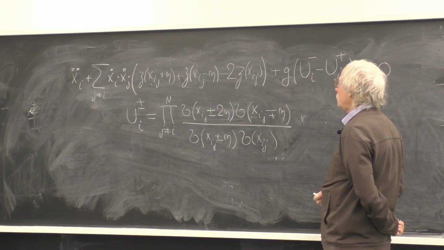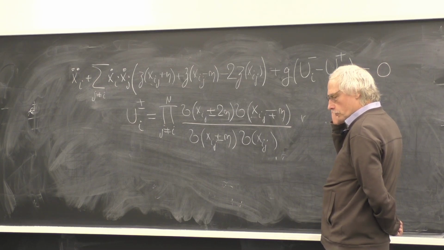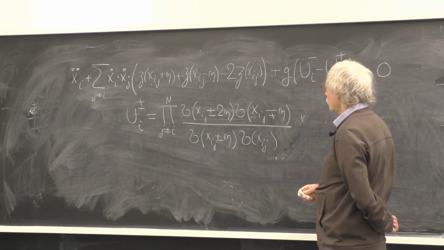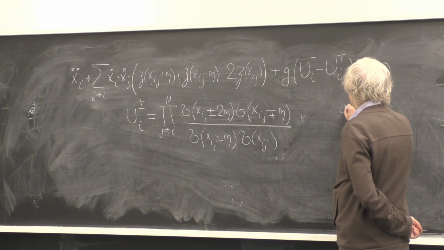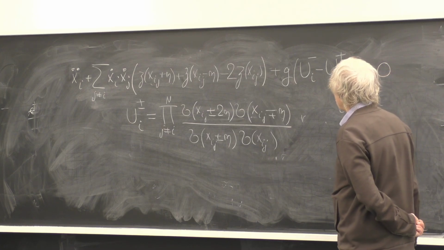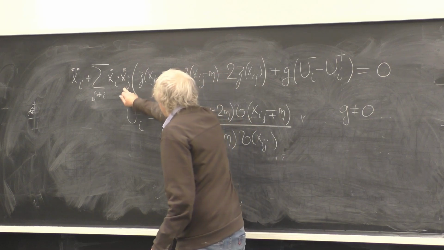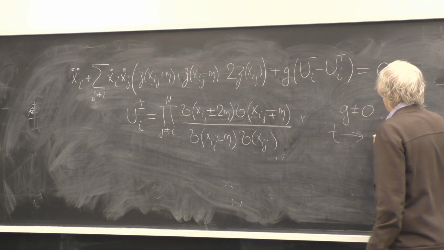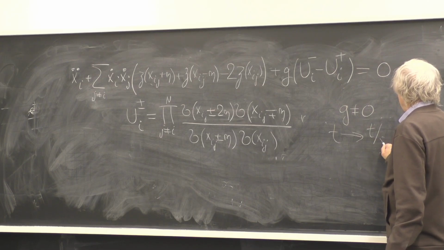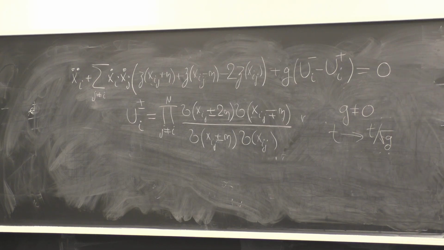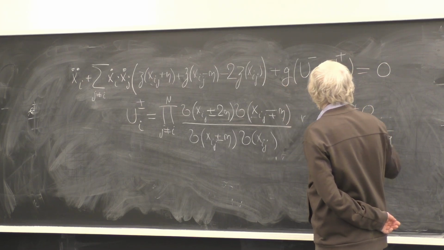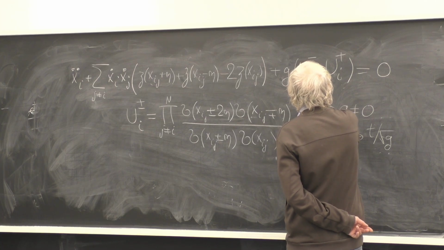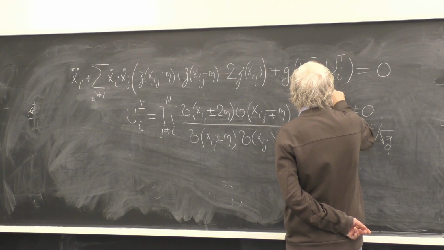When g is equal to 0, we have the non-deformed original Ruijsenaars-Schneider model, but in fact, you see that the value of g is not important, because by rescaling the time, something like this, you can always fix g equal to 1, for example. But for us, it will be more convenient to fix it to be sigma of 2 eta.